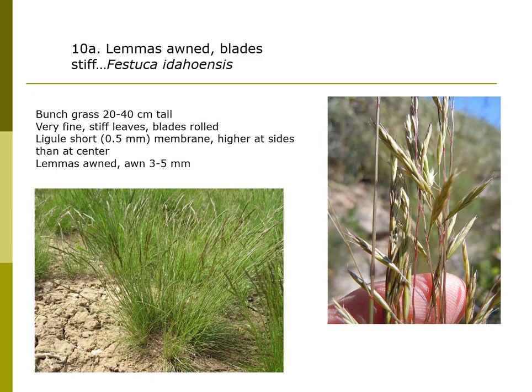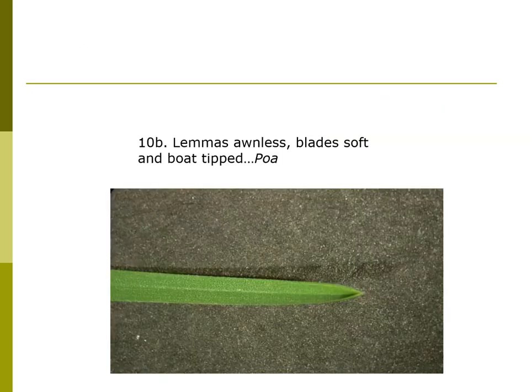This is a small bunchgrass, very fine stiff leaves, short ligule, and distinctly awned at the tip of the lemma. If the lemmas are awnless in this group and the blades are kind of flatter and soft and have that boat tip, looks like the prow of a boat on it, then we're looking at Poa, or the bluegrasses.